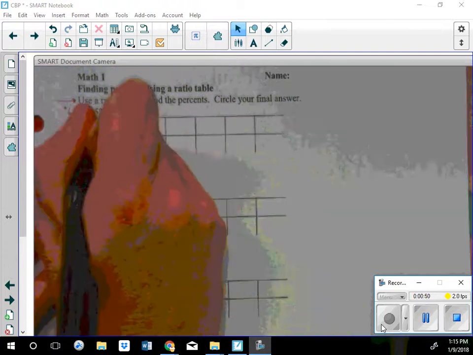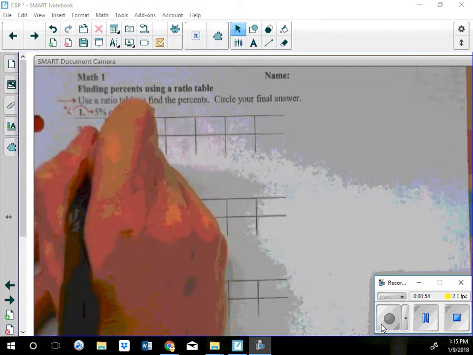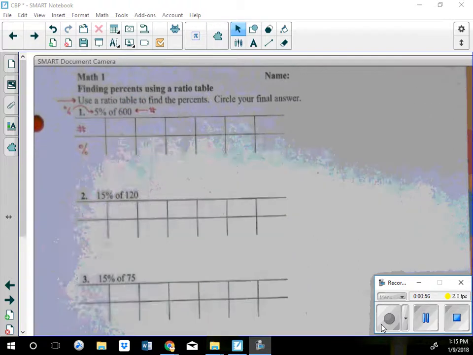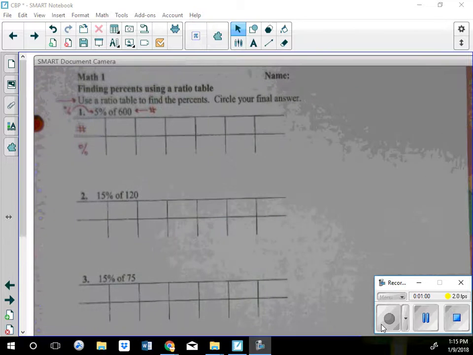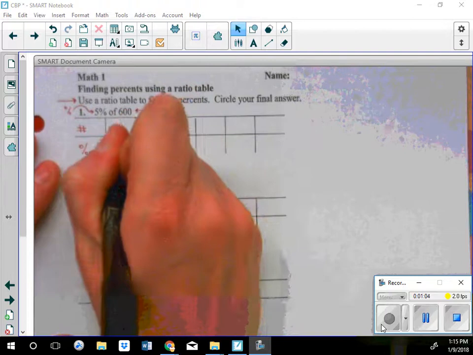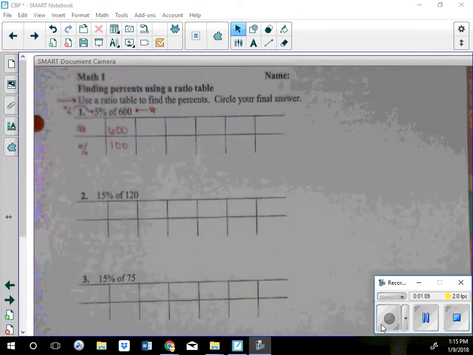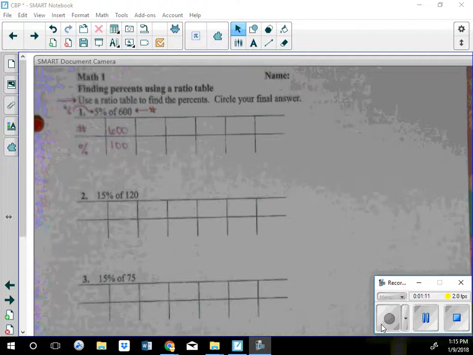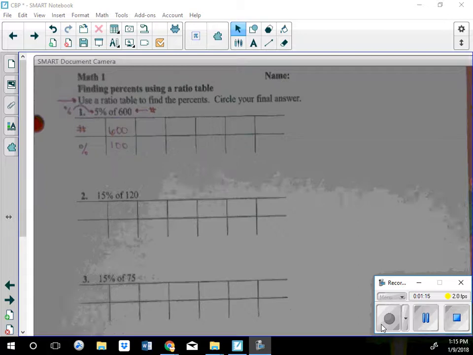On my ratio table, one of my values is a number, and the other one is a percentage. In this instance, my number is 600. And 600 represents my entire whole, or 100%. So I'm going to start by saying 600 is the whole, or 600 is 100%.